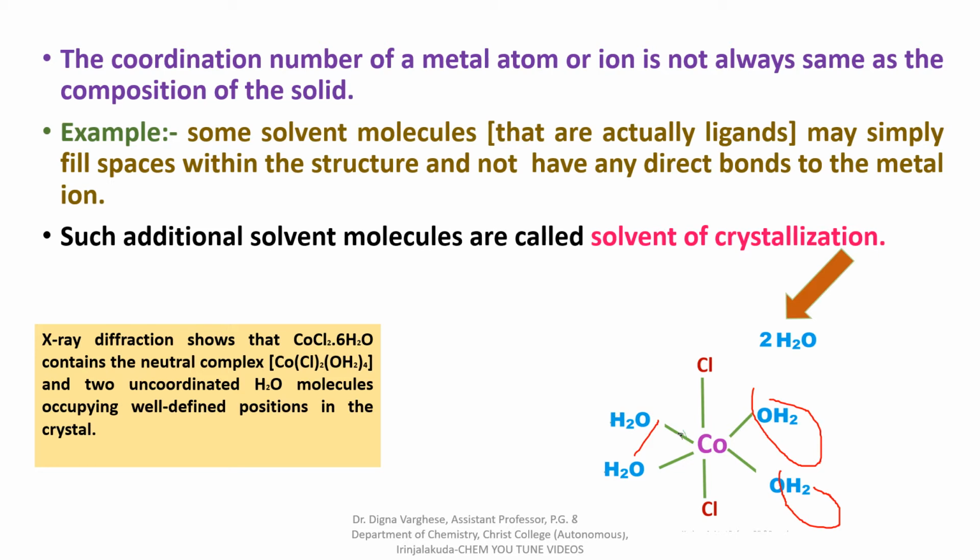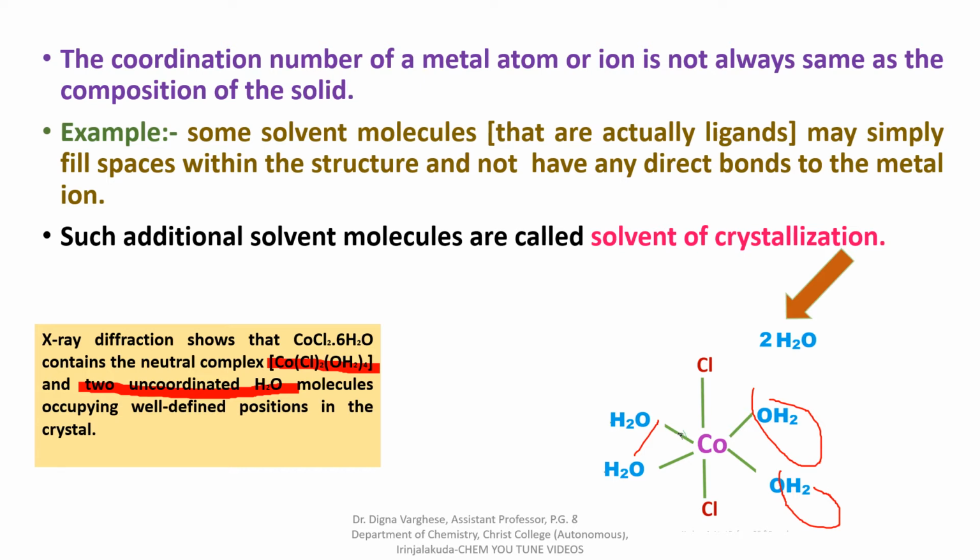X-ray diffraction shows that the cobalt chloride 6H2O, here CoCl2·6H2O, is the composition of the solid. But the complex composition is CoCl2(OH2)4 and two uncoordinated water molecules occupying well-defined positions in the crystal.